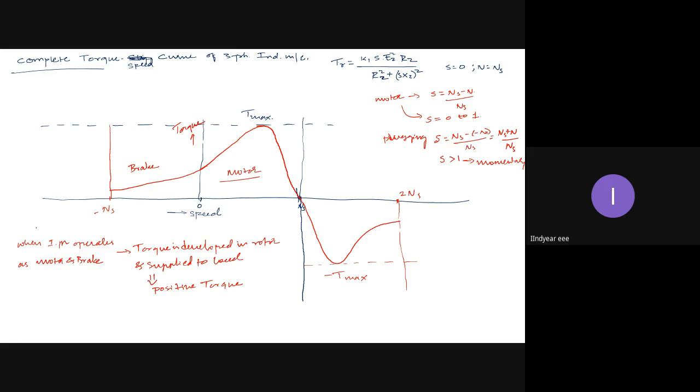So this is the generator. When the induction motor operates as generator, torque to the rotor is externally supplied and is taken as negative torque.